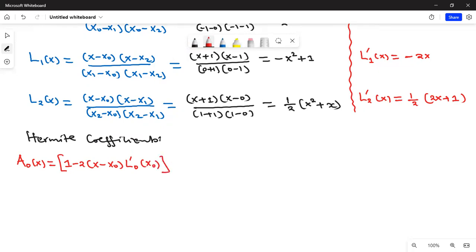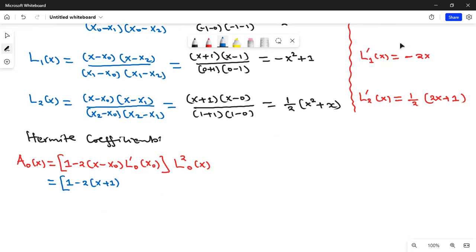Then you multiply by L0 squared of x. Let's substitute. This is the same as 1 minus 2 into (x plus 1), remember, x0 is negative 1, times L0 prime of x0. Our x0 is negative 1.